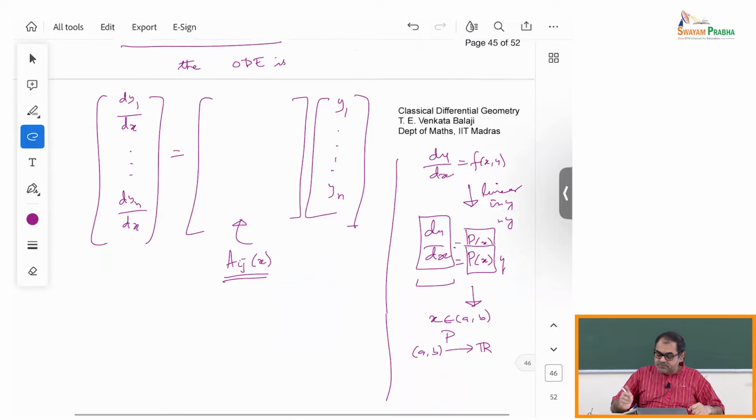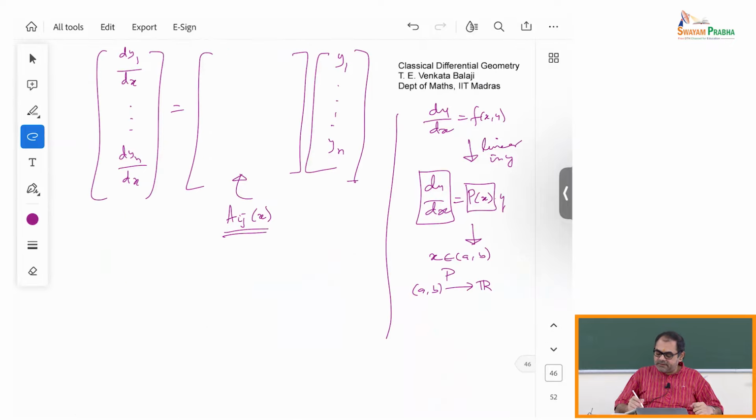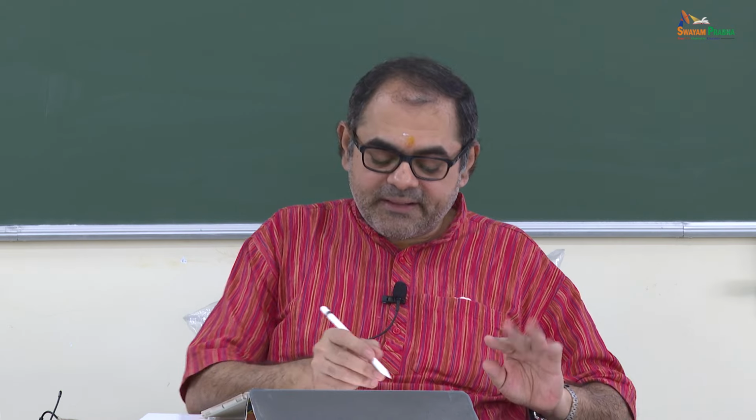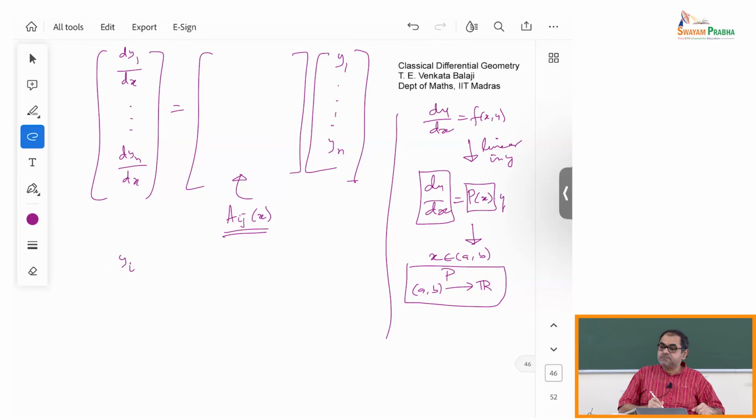In the case of one dependent variable, there is only one function. What I want you to remember is that in this case there are n functions. So you are getting all these yi's, which go from (a, b) into R. You can think of them together as y1 through yn, going from (a, b) into R^n.